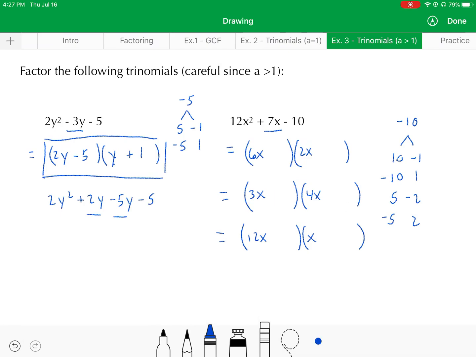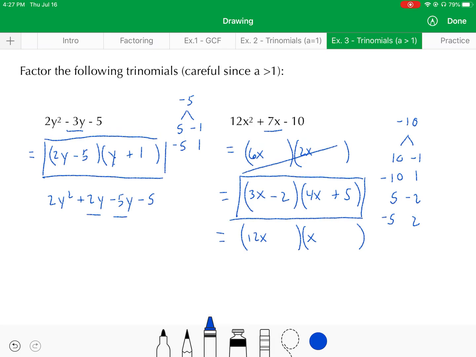Maybe I'll do positive 5 here and negative 2 there. So the outside part of FOIL is now 15x, and the inside part of FOIL is negative 8x. 15x minus 8x does give me 7x. All right, so right there, off the second trial, I've got it. I don't even have to worry about testing 6x and 2x or 12x and x.